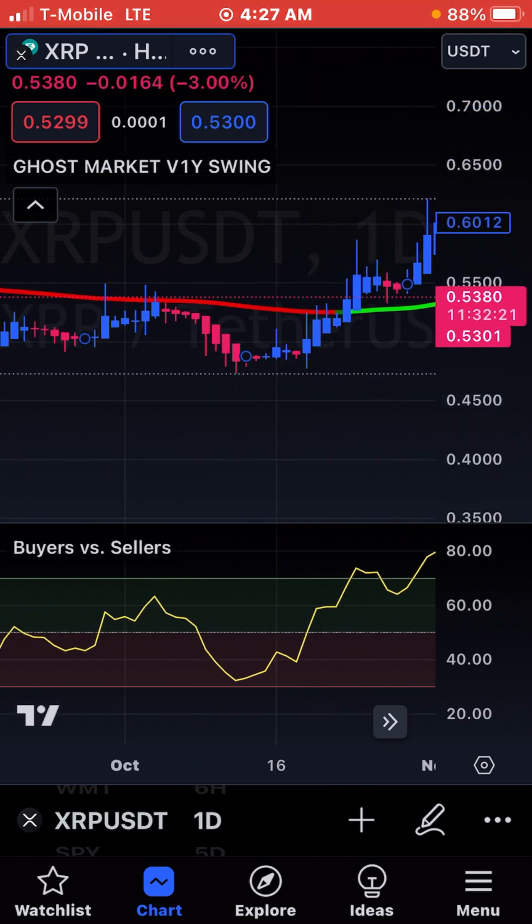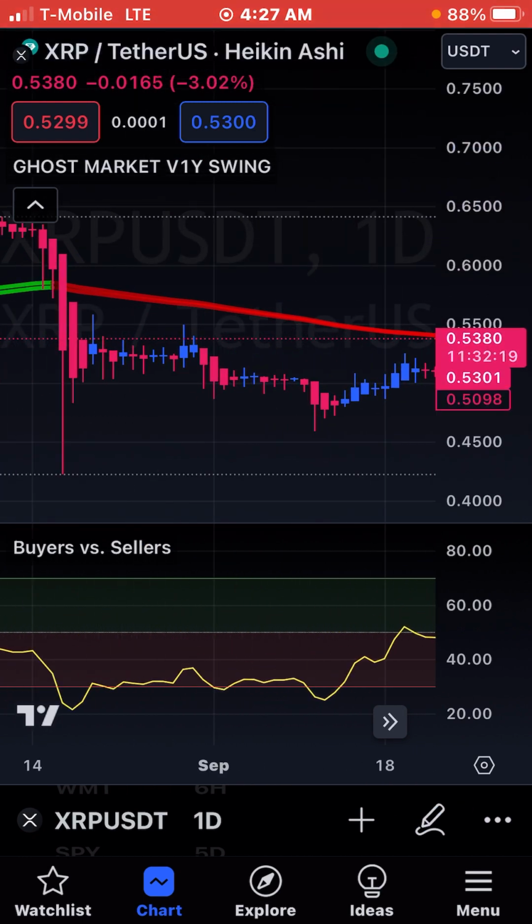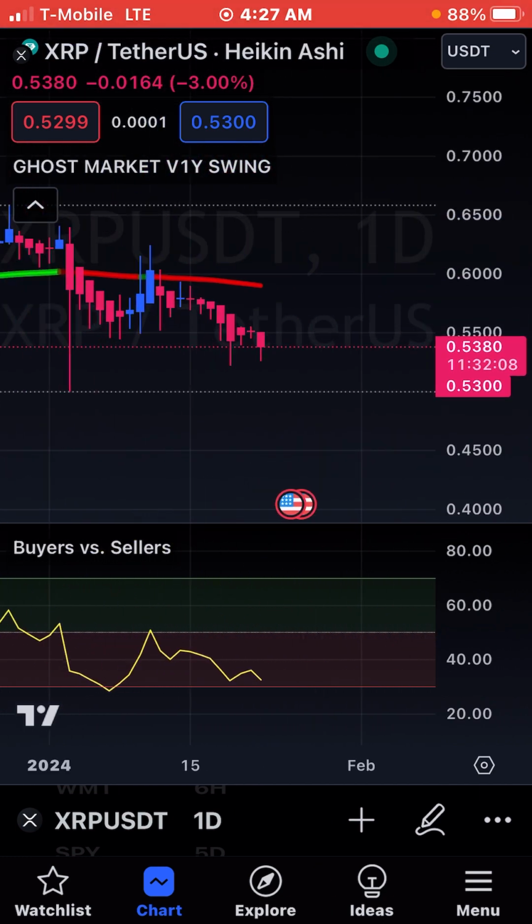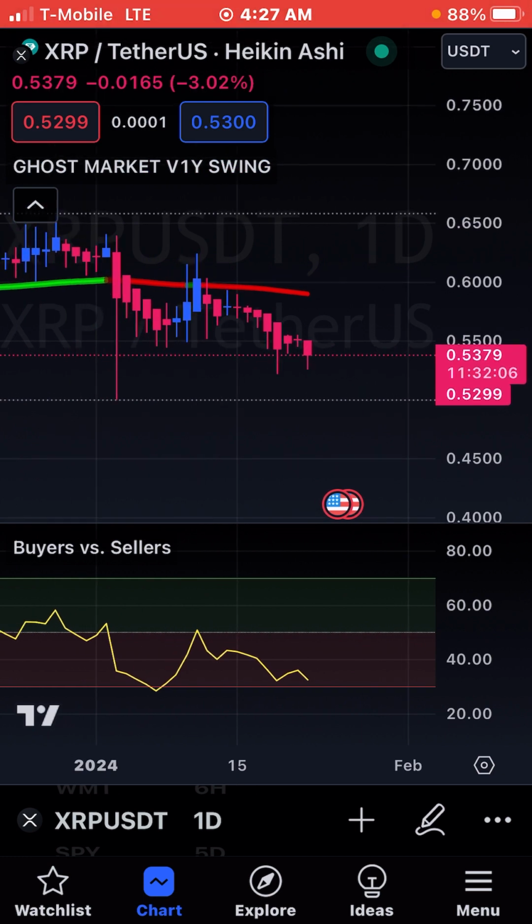I like doing it on the day, especially with crypto. You get more data doing it on the day and focusing on the day with crypto. But if you focus on the day, you may find times where you're waiting for the signal. And if the signal's not there, definitely go down to the 6 hour, and then the 4 hour, and then the 1 hour.